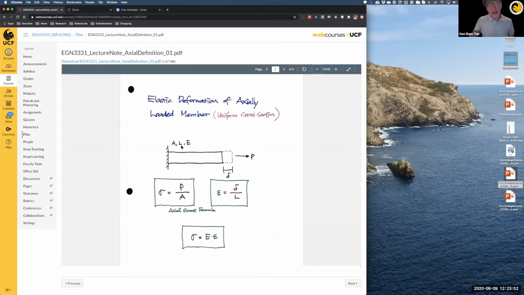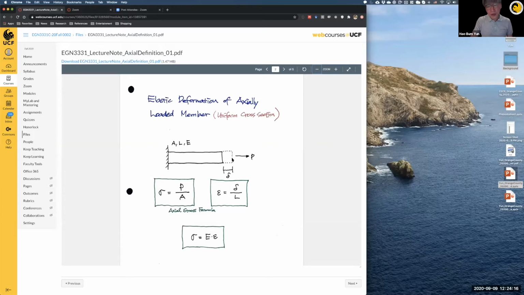So this is the bar. Then we apply the load. And now in this case it's pulled, and the other end is fixed, right? So then obviously this bar will elongate because we now deal with a deformable body rather than a rigid body.